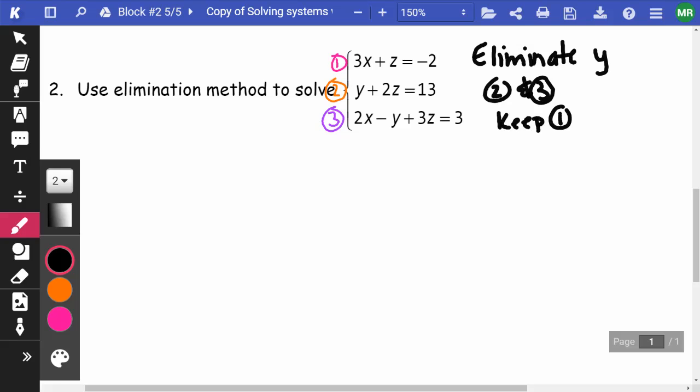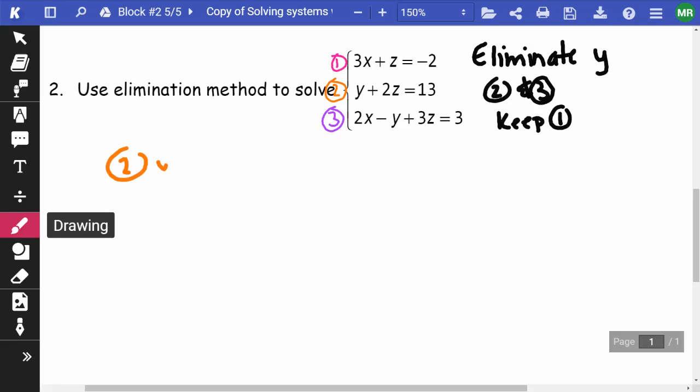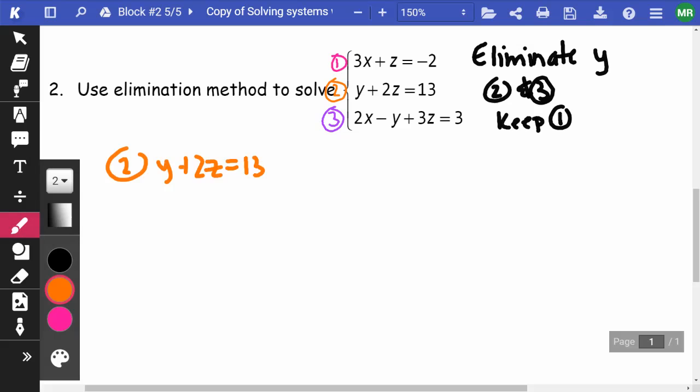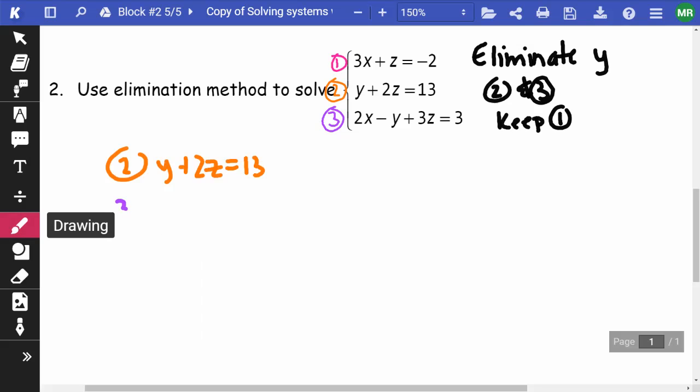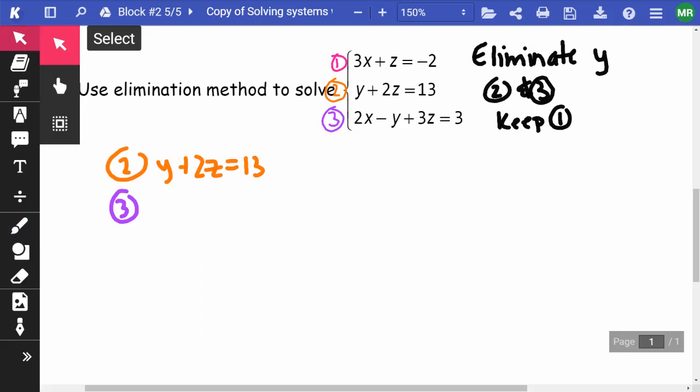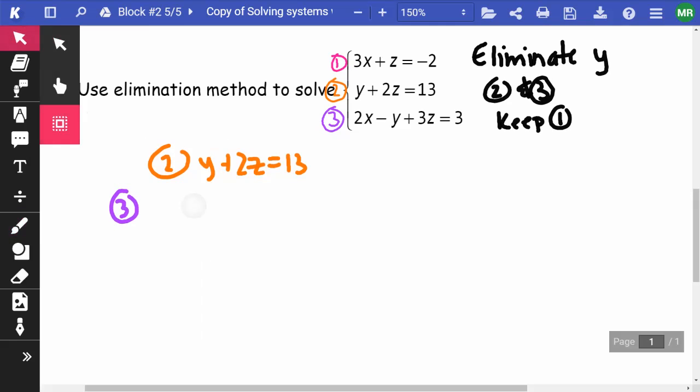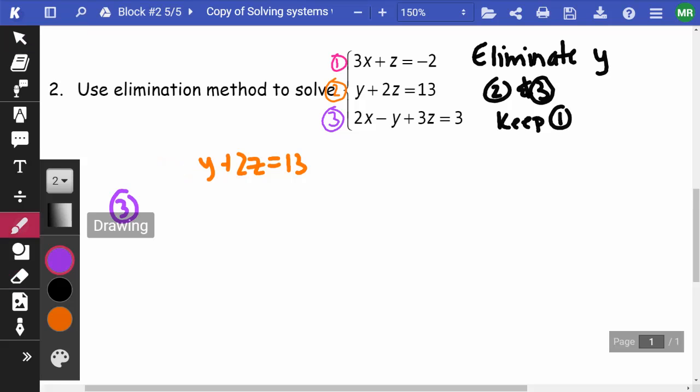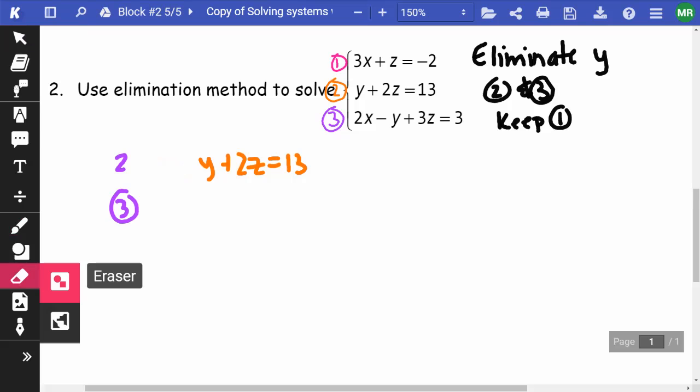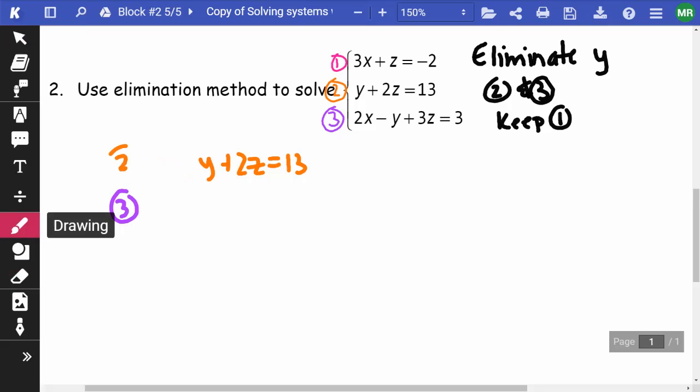So again, I'm going to take equation 2, which is y plus 2z equals 13. I'm going to take equation 3, and for this, I'm going to space this out a little bit more here. And so what I'm going to do is write 2x minus y plus 3z is equal to 3.